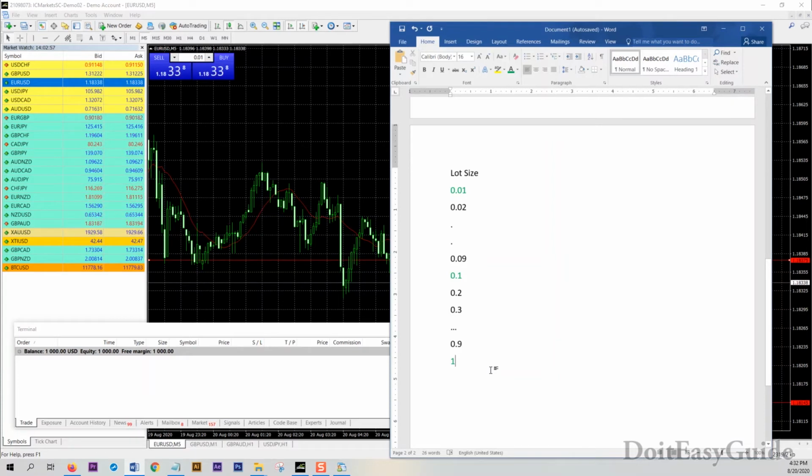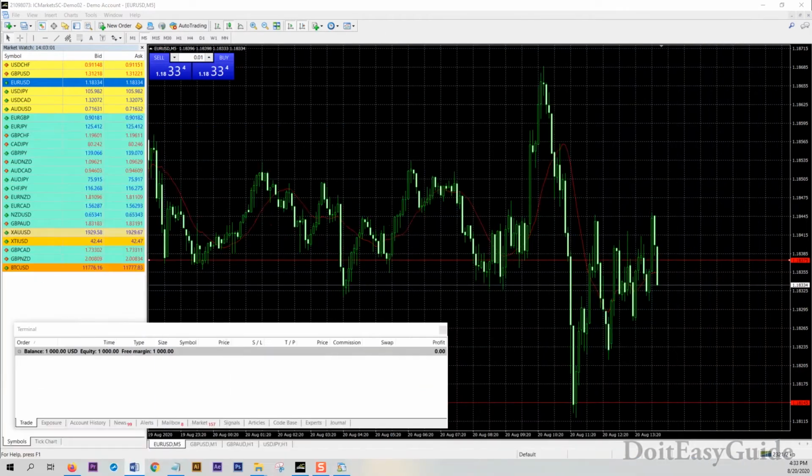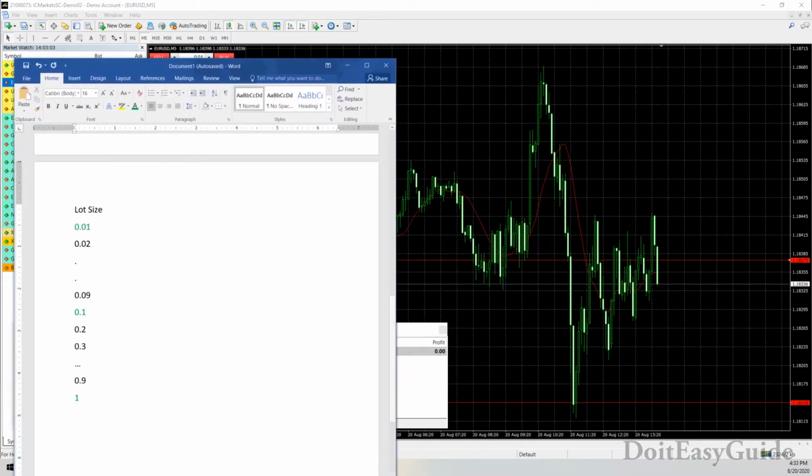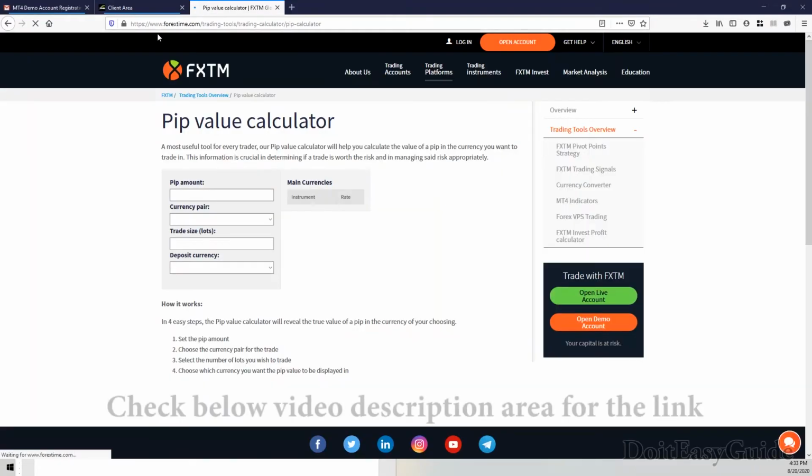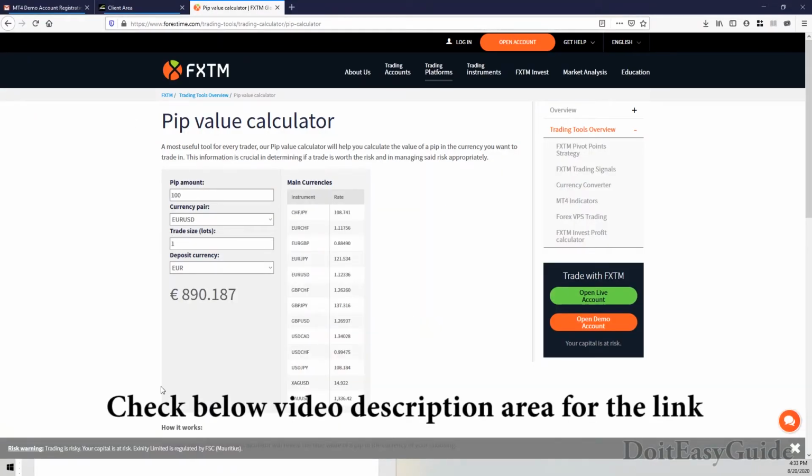Okay, so to calculate lot size, I have a very good tool. I will share this link in the description below: the Pip Calculator from the forextime.com website.